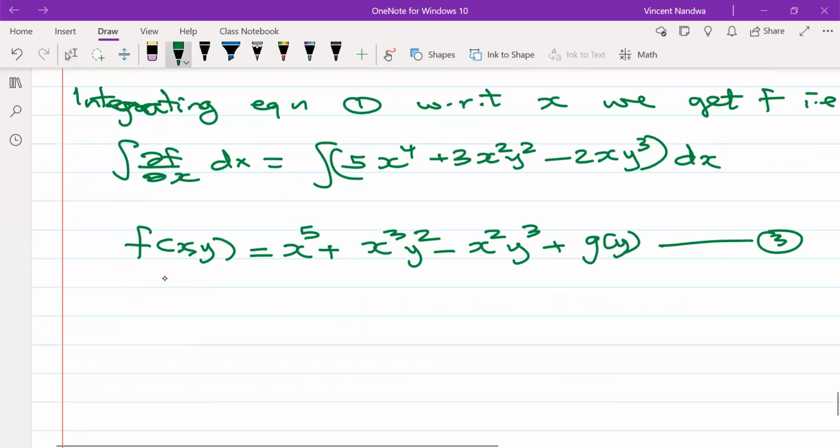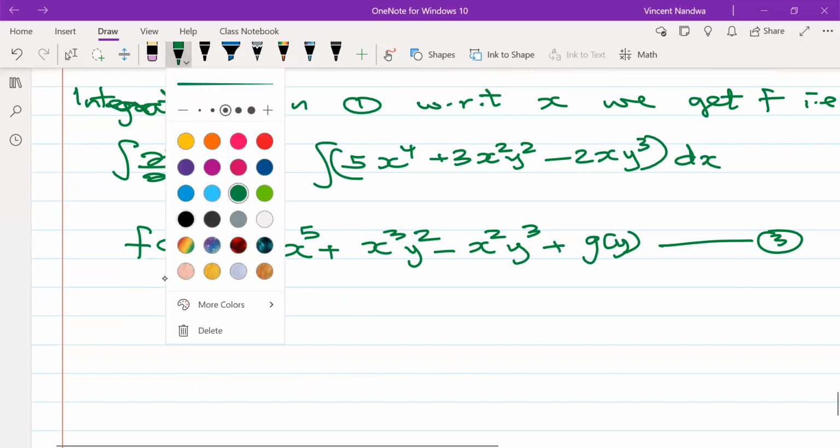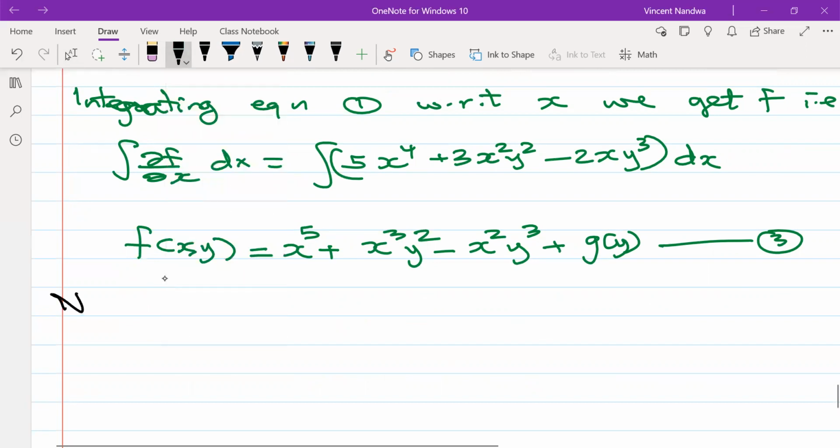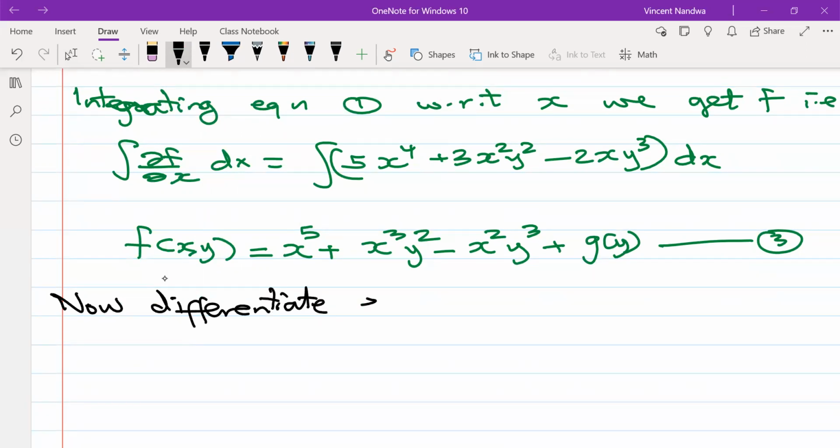Now with this answer, we differentiate it partially with respect to y. Differentiate equation 3 partially with respect to y.